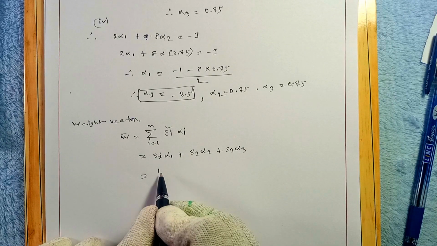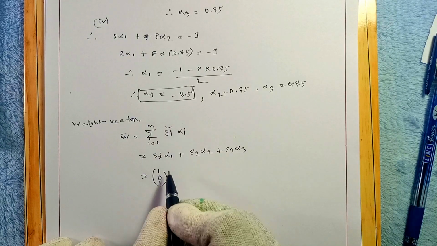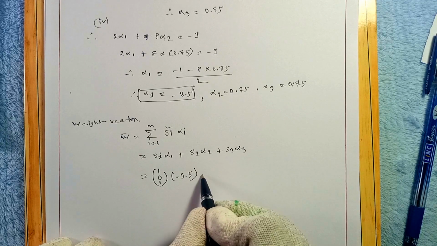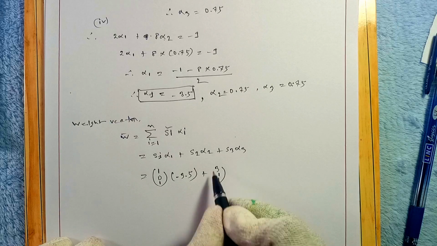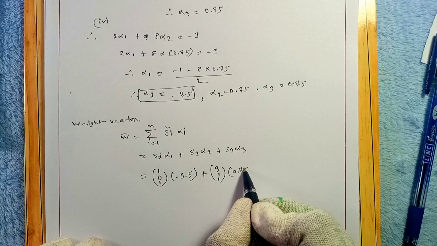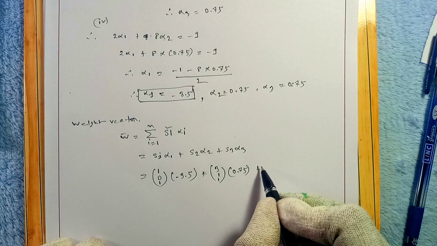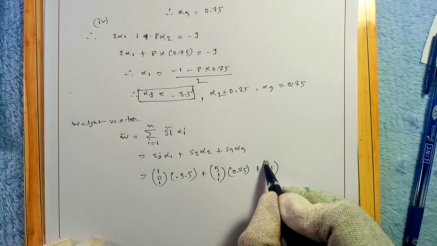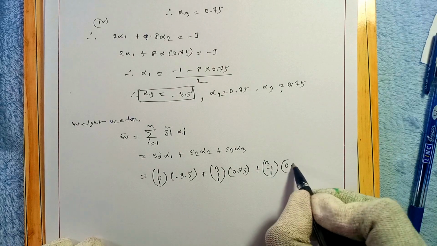We know S1 is 1 0 1, and alpha 1 equal to minus 3.5, plus S2 equal to 3 1 1 with alpha 2 equal to 0.75, plus S3 equal to 3 minus 1 1 with alpha 3 equal to 0.75.